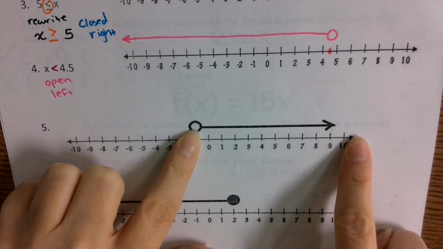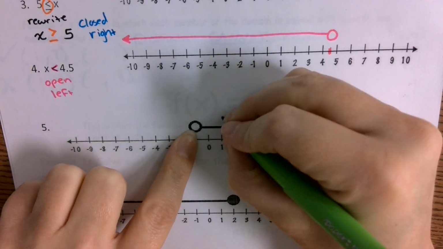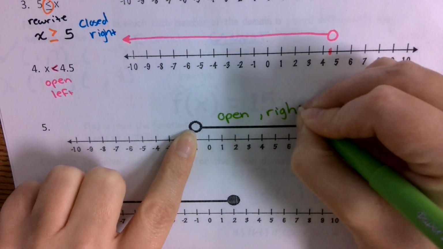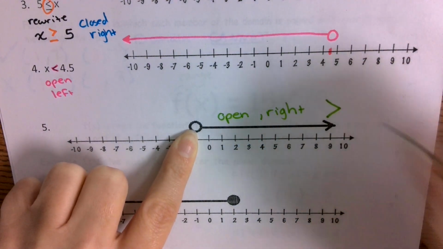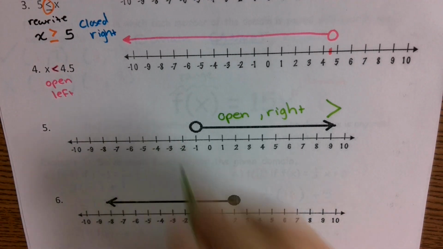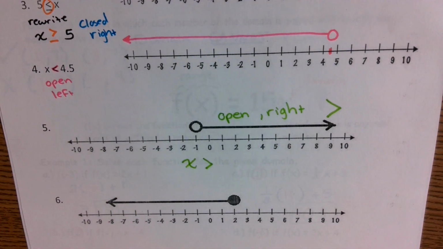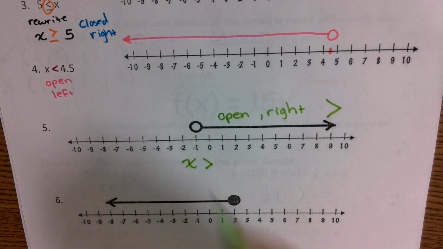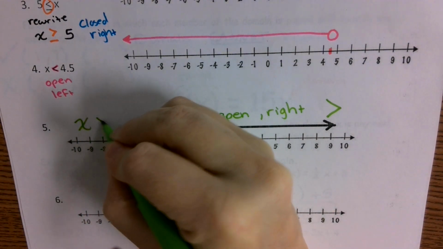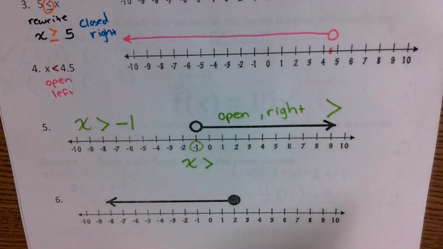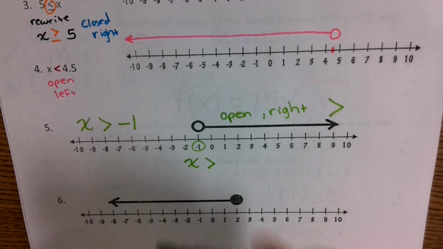When it's an open circle graphed to the right, that means it's a greater than symbol. So that means x is going to be greater than what value? -1. Actually, I'm going to write it up here. I'm going to put x is greater than -1 because it's starting at that -1. Let me go ahead and get rid of this here so that it doesn't throw y'all off.